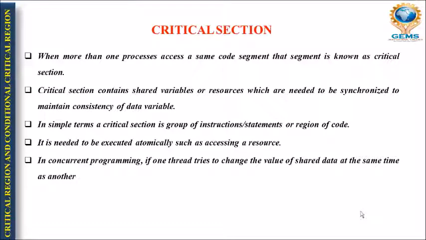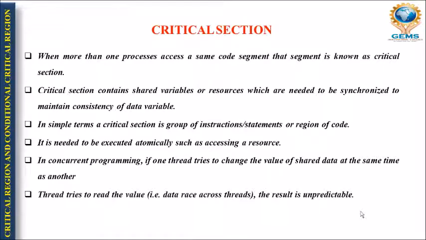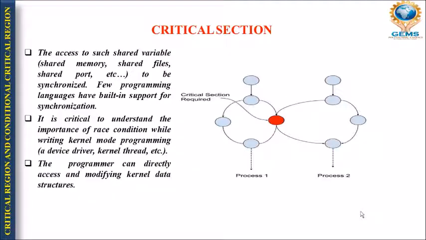So what is a critical section? Critical section is accessing a resource which is normally a shared resource. While talking about concurrent programming, if one thread tries to change the value of shared data at the same time as another thread tries to read the value, the result is unpredictable.